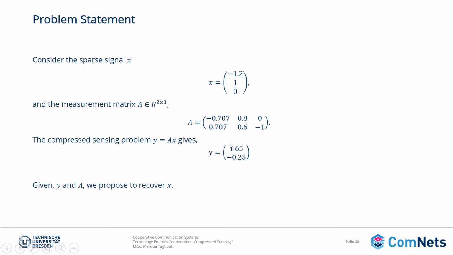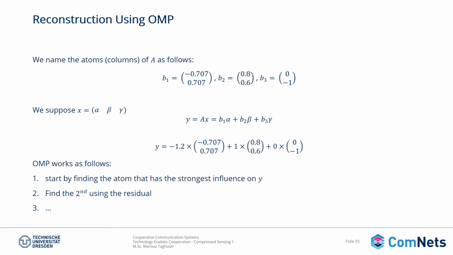So now the task is, given y and A, we propose to recover x. We pretend that this x is something that we don't know, but we would like to find using A and y. Before going further, we try to break the problem into some pieces.